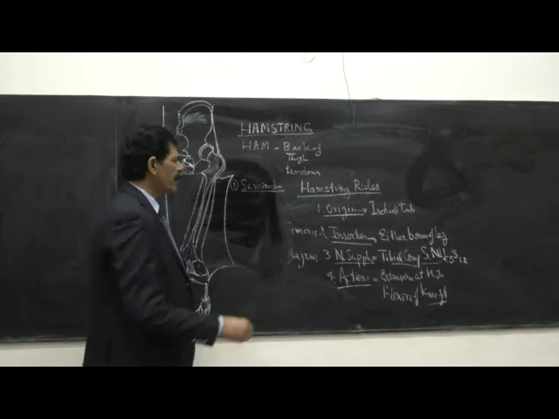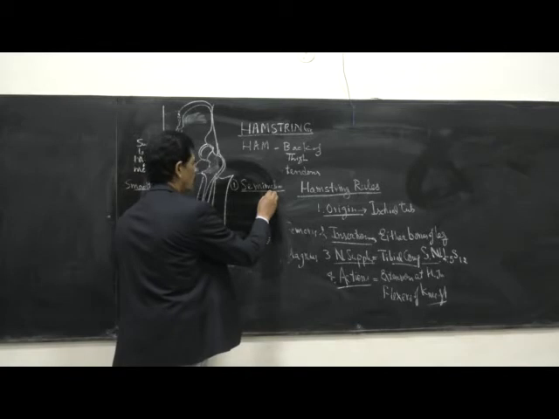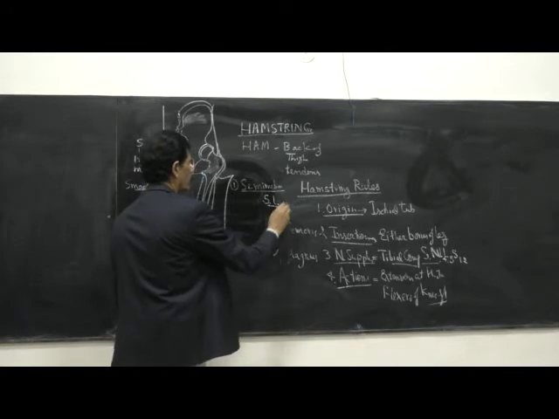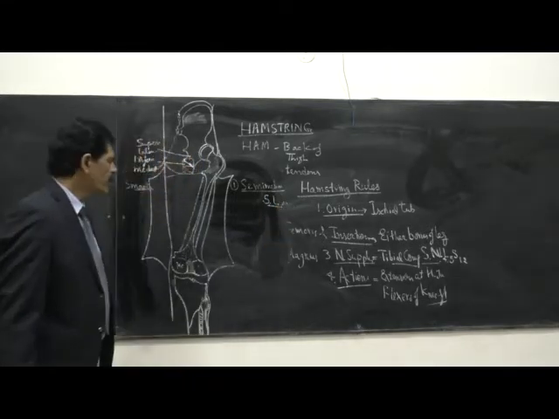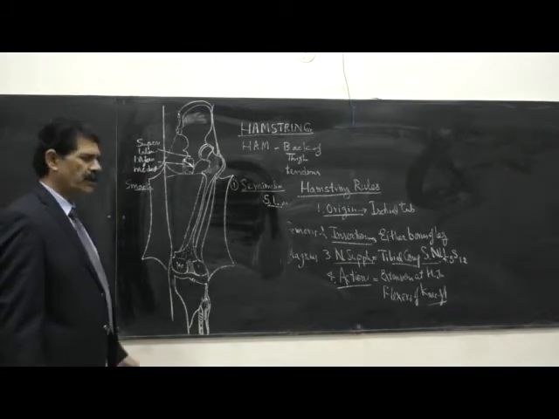So this semimembranosus muscle takes origin from the superolateral area of the ischial tuberosity.